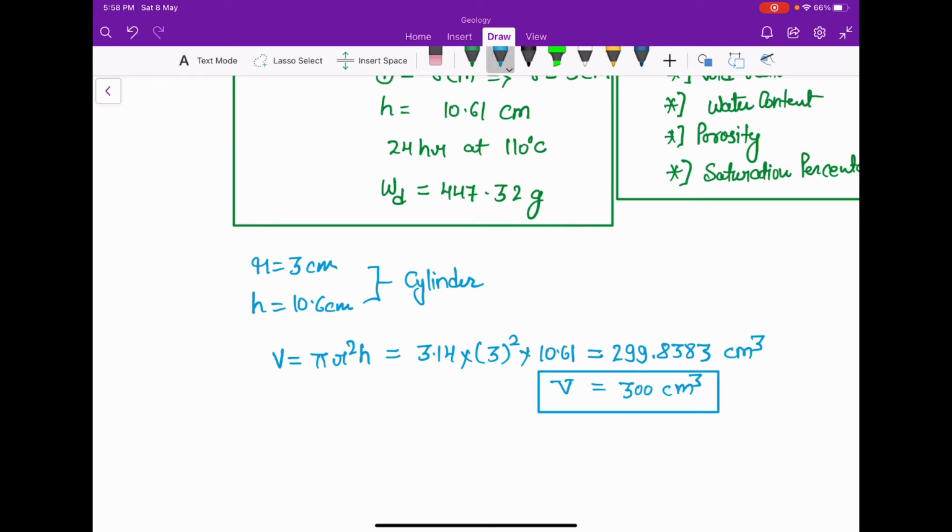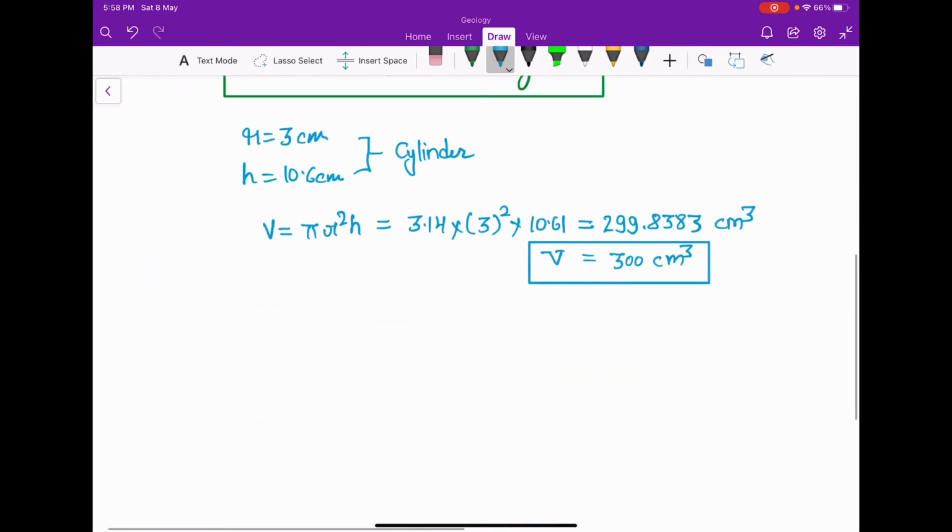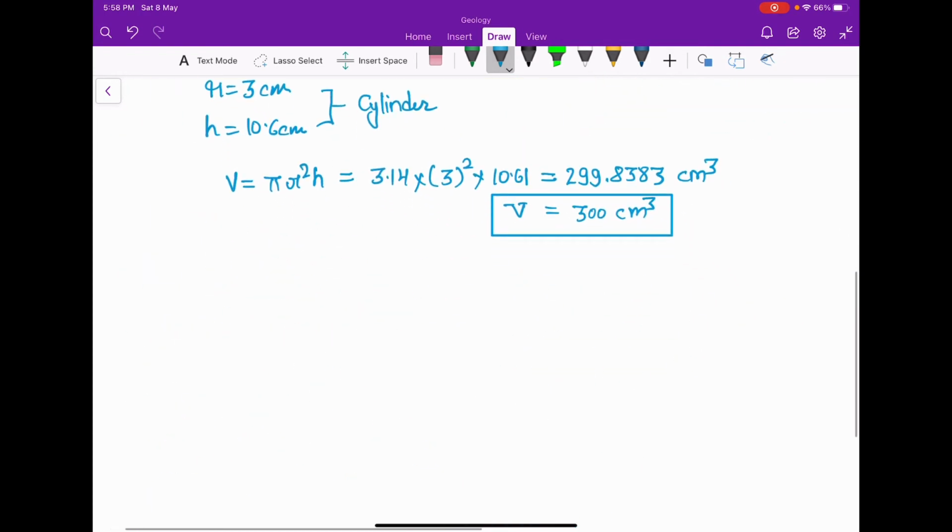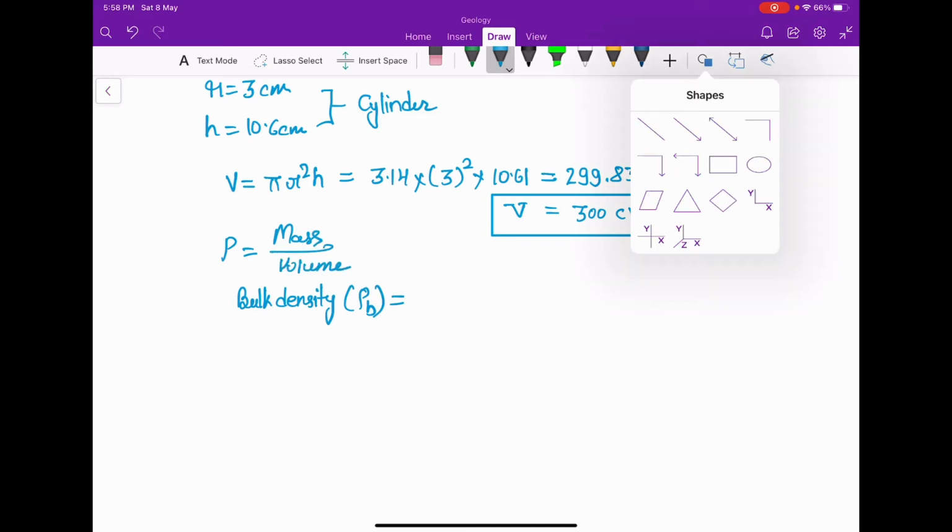Next, we have the volume. So the definition of bulk density, rho b, is the simple definition of density: mass upon volume.